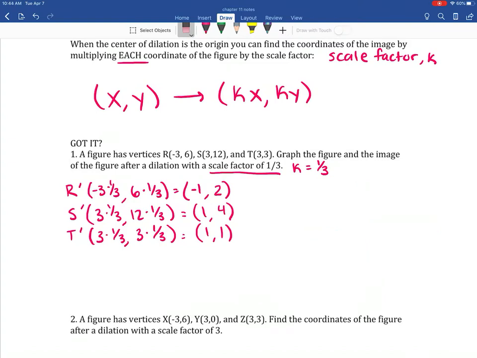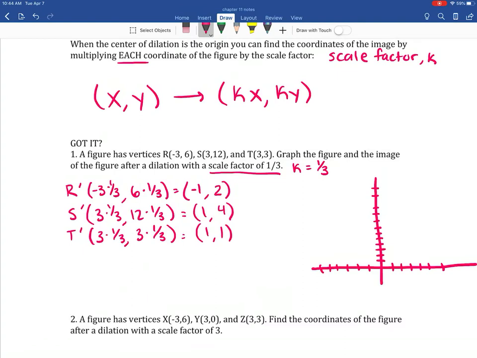Actually, we don't even need a negative y-axis here, so let's give ourselves plenty of room. 1, 2, 3, 4, 5, 6, 7, 8, 9, 10, 11, 12. Okay, so set up your graph.